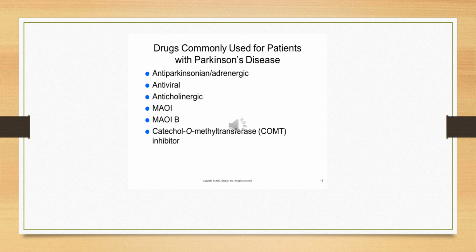So we're trying to treat these symptoms depending on how severe the cases are or how advanced it may be. Some people have to receive these anti-Parkinson's medications every couple of hours to help with the tremors and things like that.